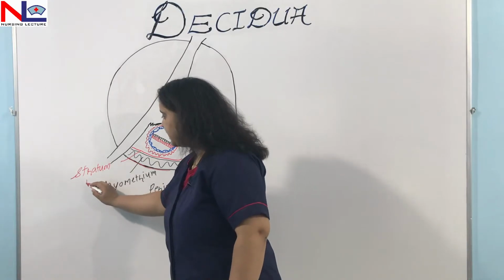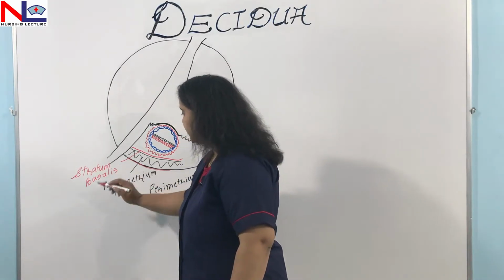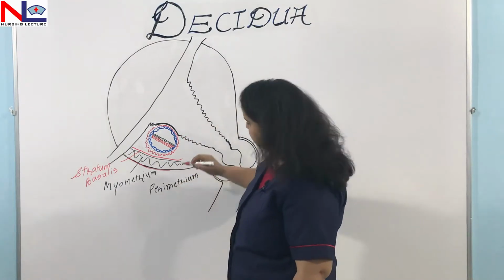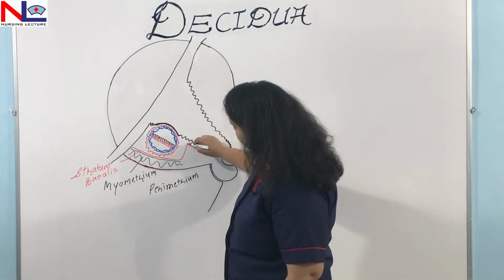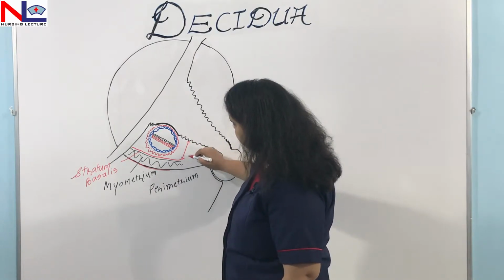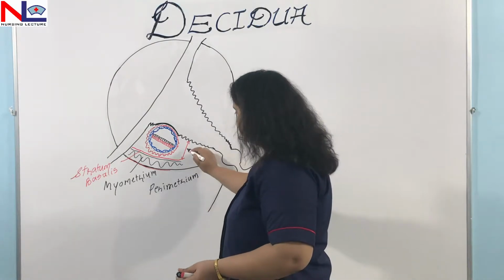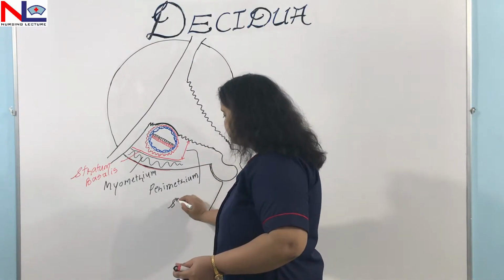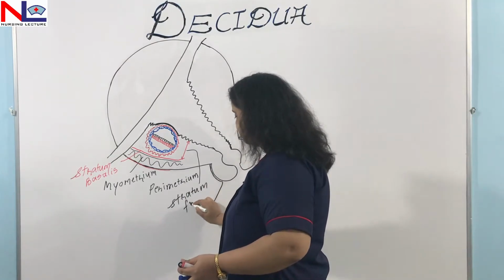Stratum means layer, basalis, and inner to that you can say this whole part is the functional layer, that is stratum functionalis.